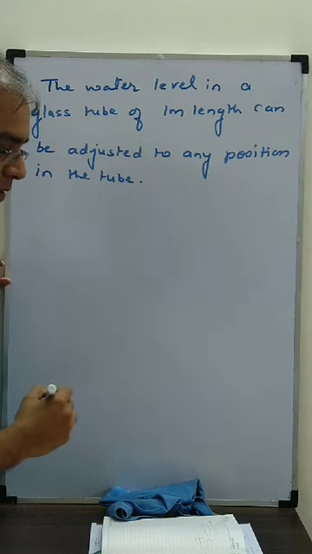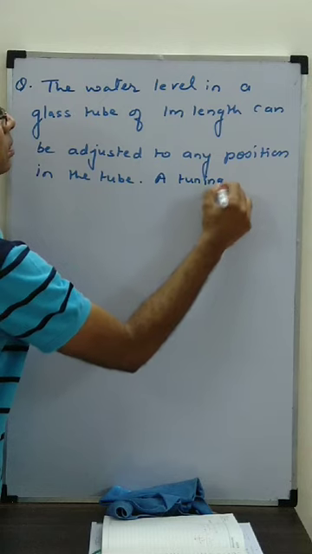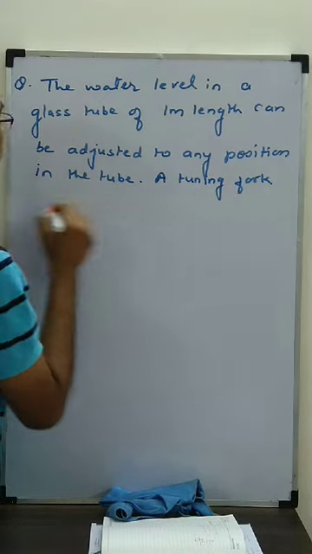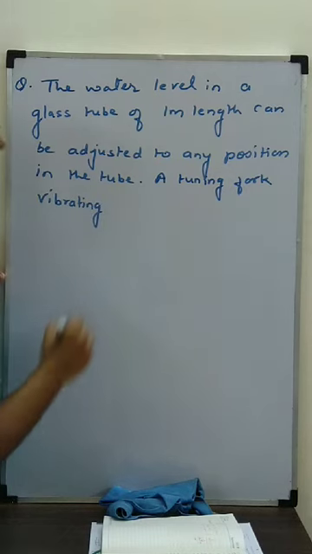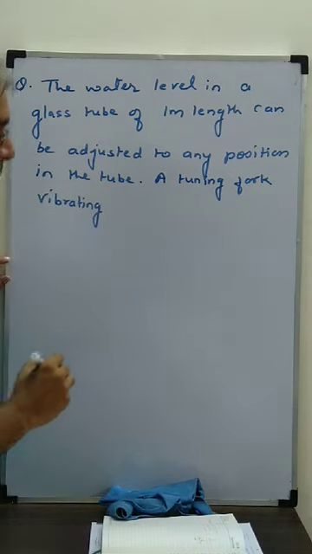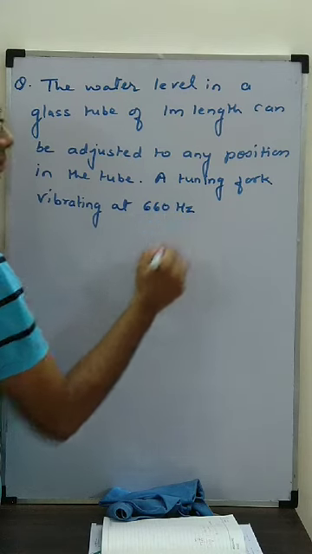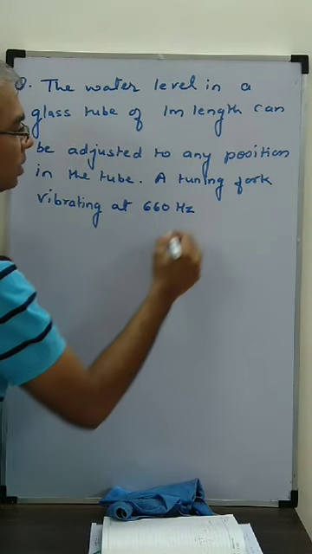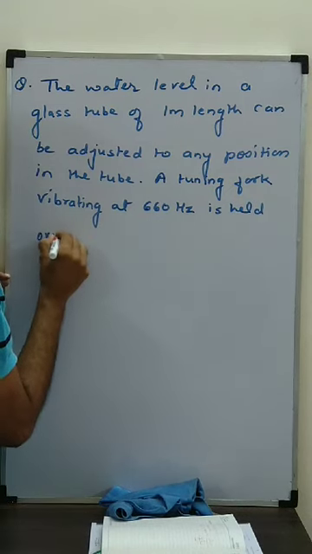A tuning fork vibrating at 660 Hertz is held over the tube.